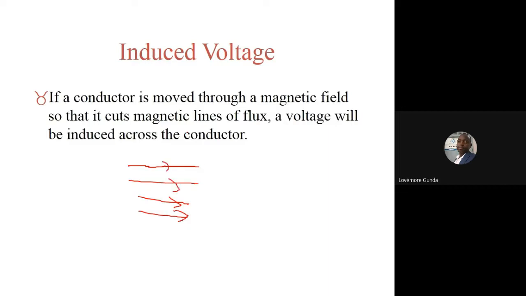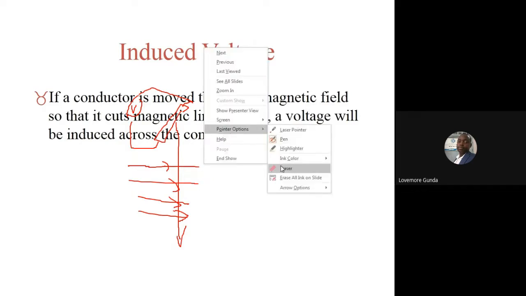Then let's say you move a conductor through this magnetic field. If you had a voltmeter there, you would see that there is an induced voltage across that conductor as it cuts the lines of flux.